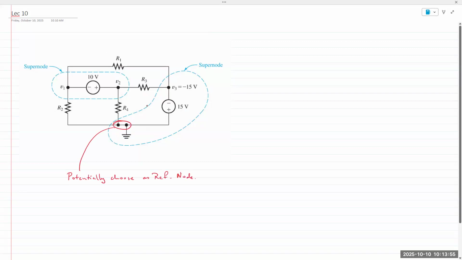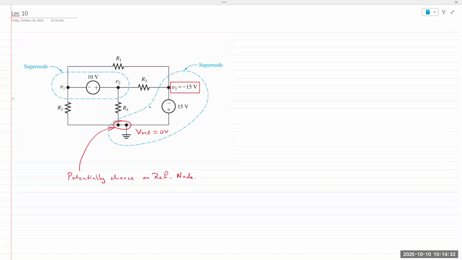If we choose that as the reference node, then V3 is automatically minus 15. Right? Power supply positive is chosen as reference. That means the other end of the power supply, V3, is 15 volts below our reference point. Okay, so we automatically have eliminated two unknown nodes. Reference node is 0, and then V3 is minus 15.